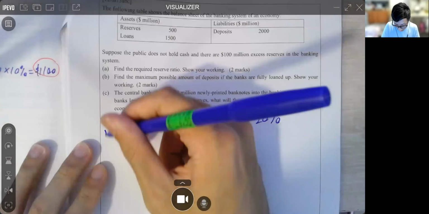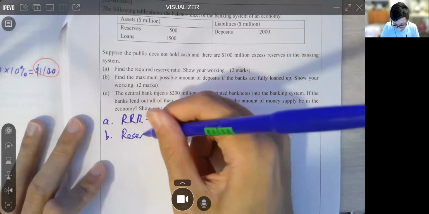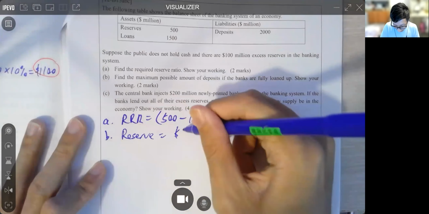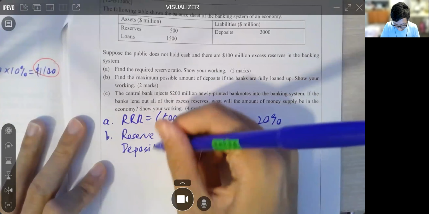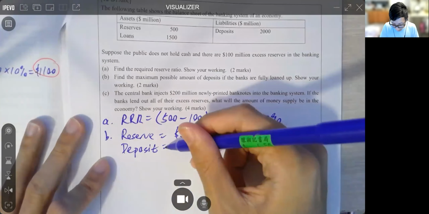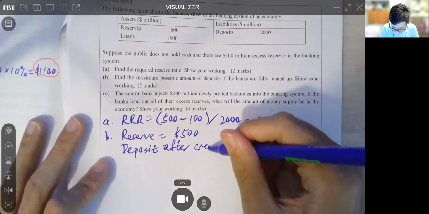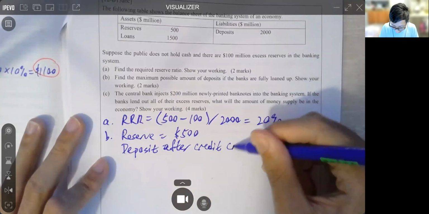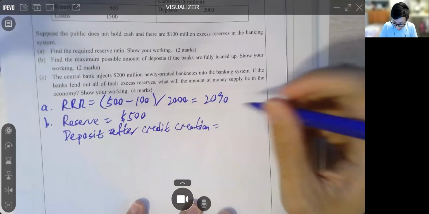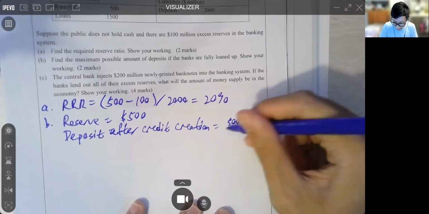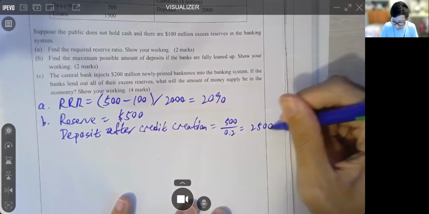Okay, so how do we do it? Reserve would be 500. Therefore, deposit after credit creation would just be 500 divided by 0.2, which would be 2500.